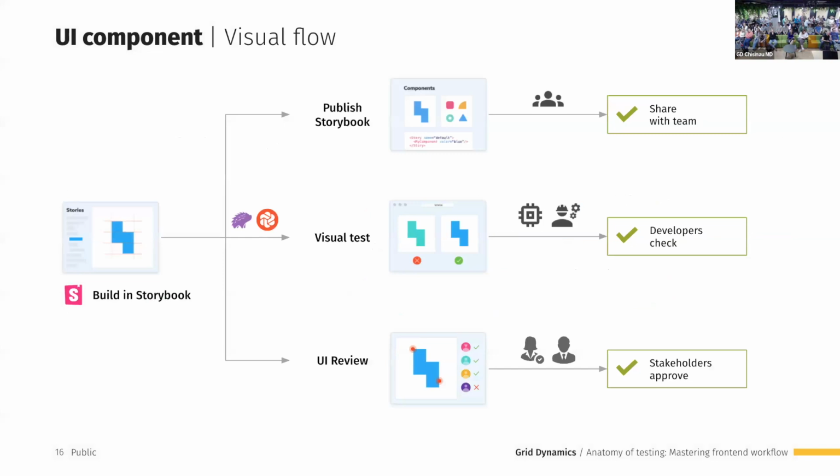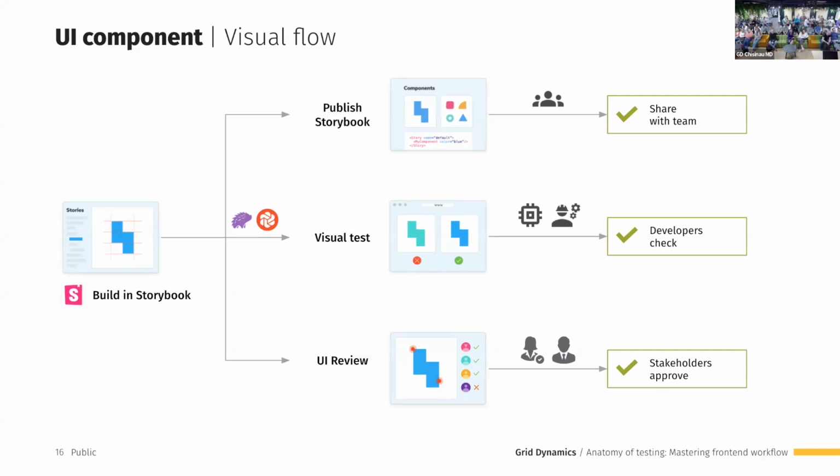Well, next is the visual flow. Storybook in combination with visual testing tools such as Percy or Chromatic allows us to accomplish a few important things. And here, the most important one is the ability to run automated visual tests to capture snapshots of every story and compare them build to build against a golden baseline to identify any changes.